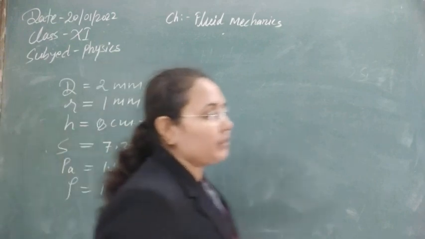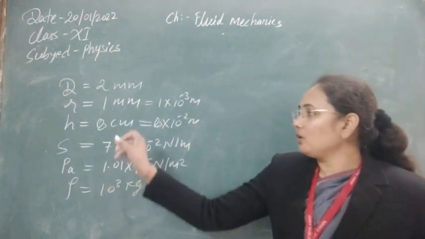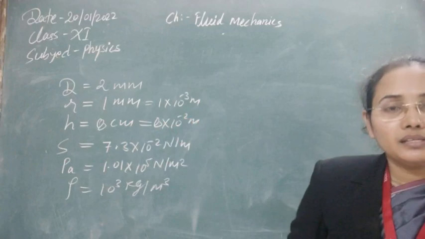So let's first calculate the absolute pressure at the depth of 8 cm below the surface of water.